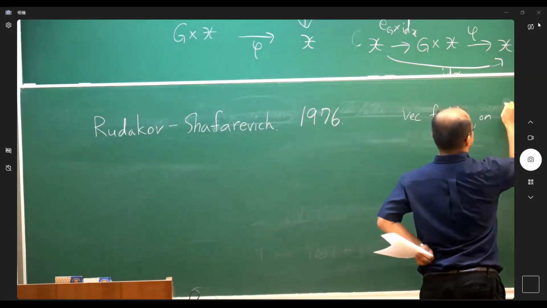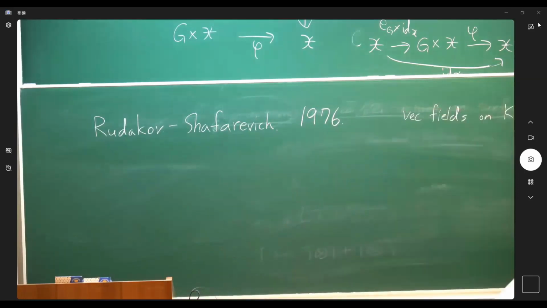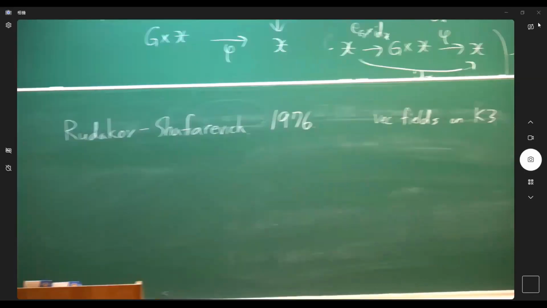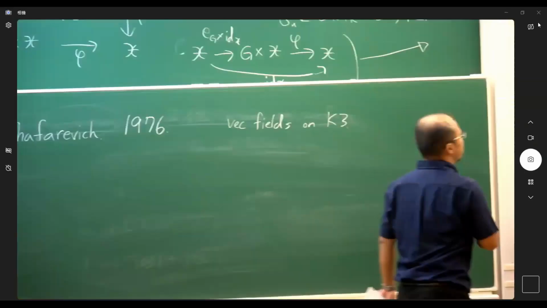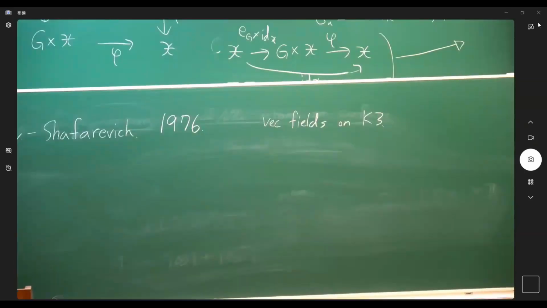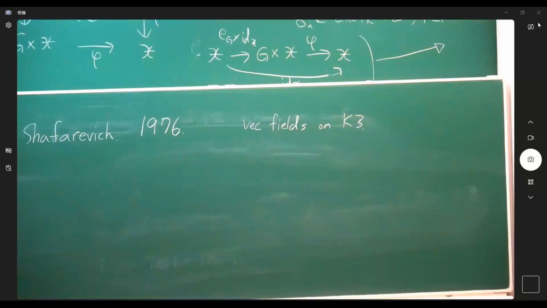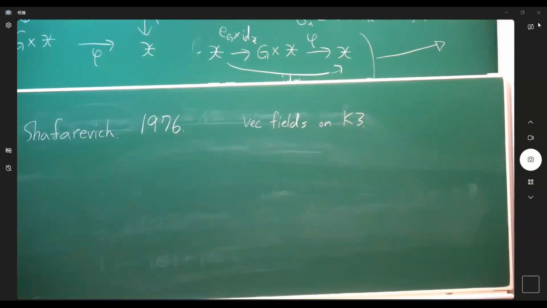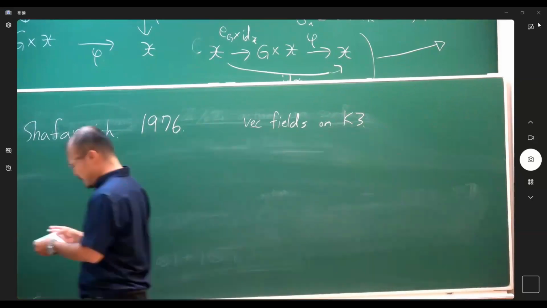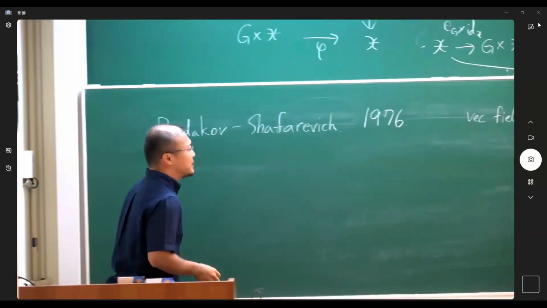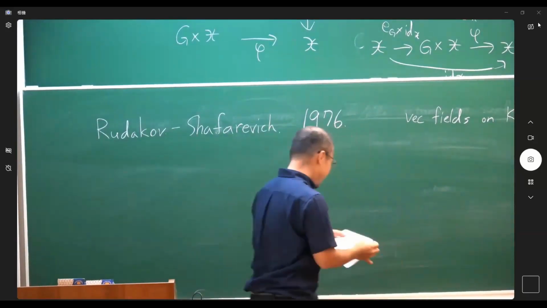Actually, they showed the non-existence of regular vector fields on K3 surfaces in characteristic p by means of p-closed derivations, but without mentioning Jacobson's work.